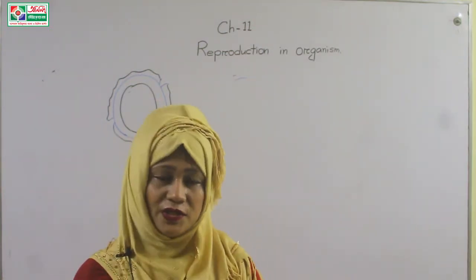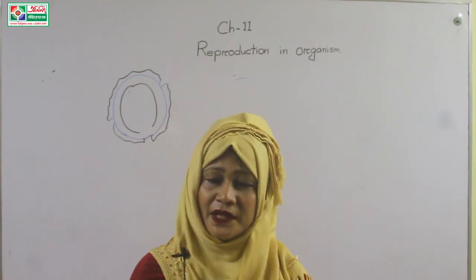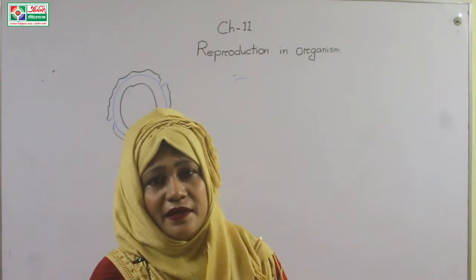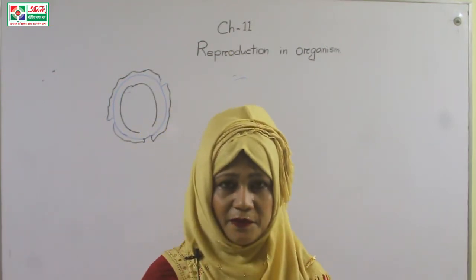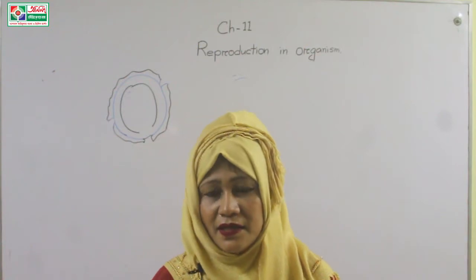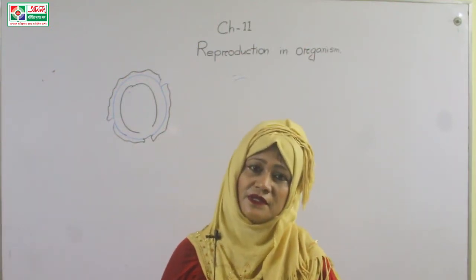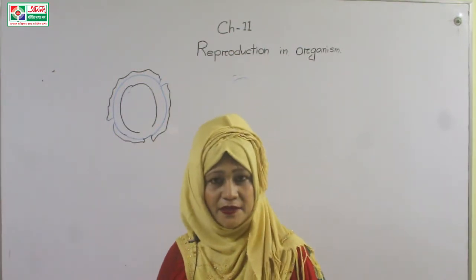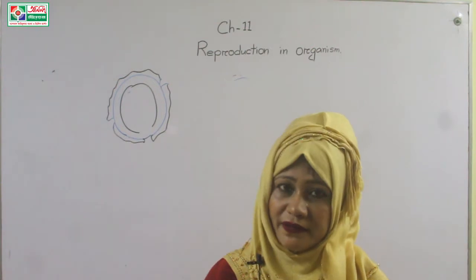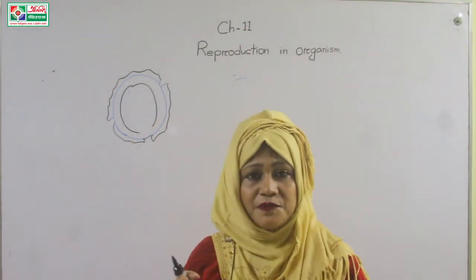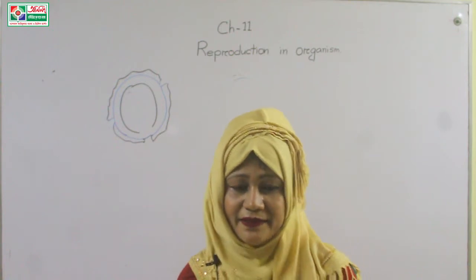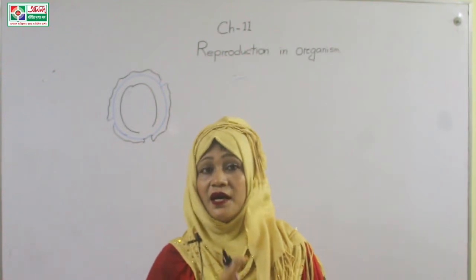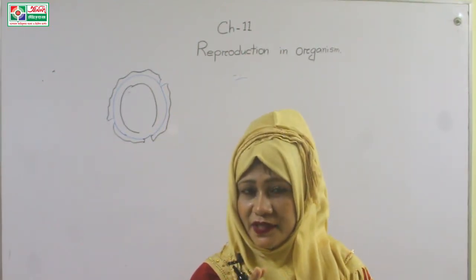Why? What is the logic behind this? The pollen grains fly and sit on the stigma. The pollen grains have some receptors, and the stigma also has some receptors.